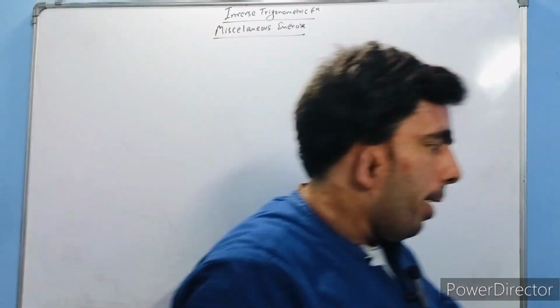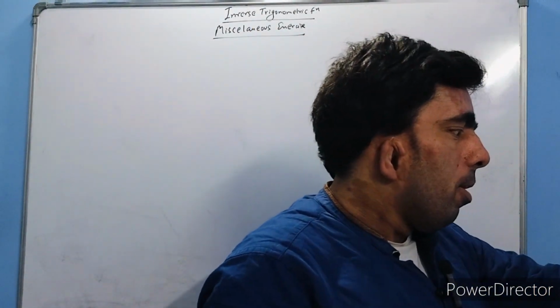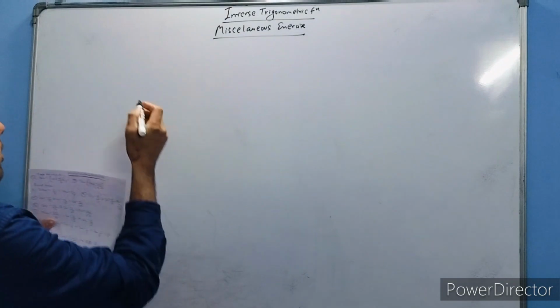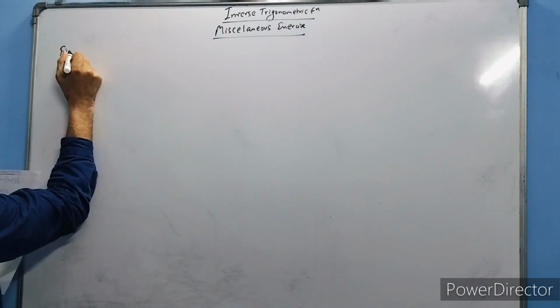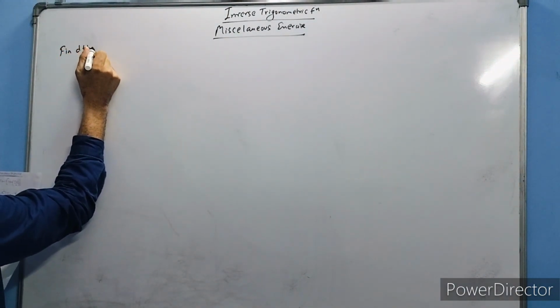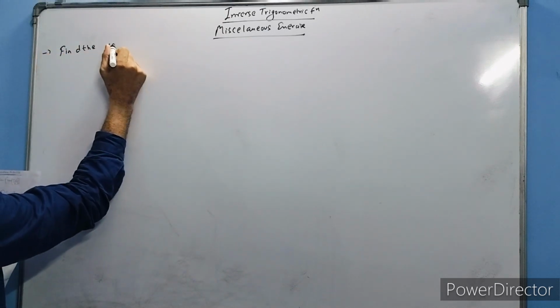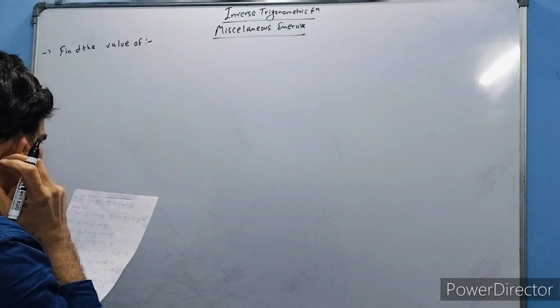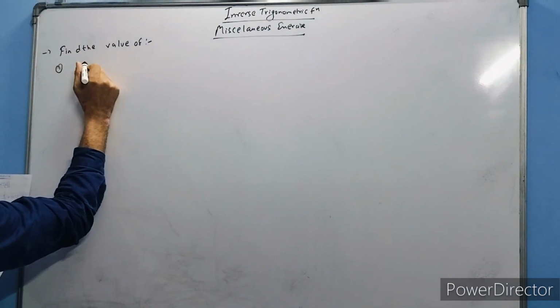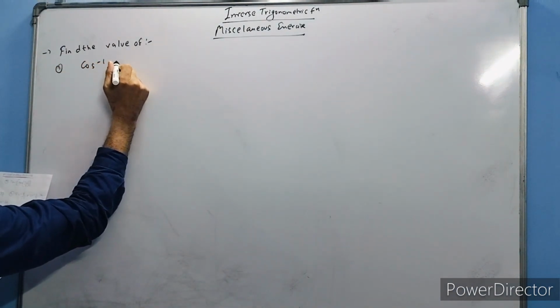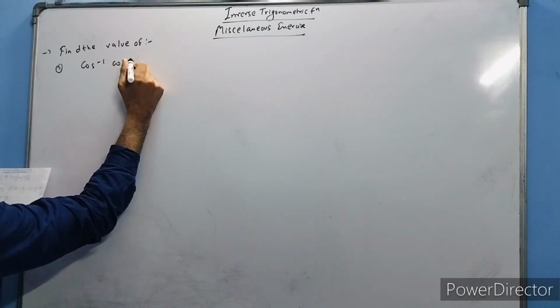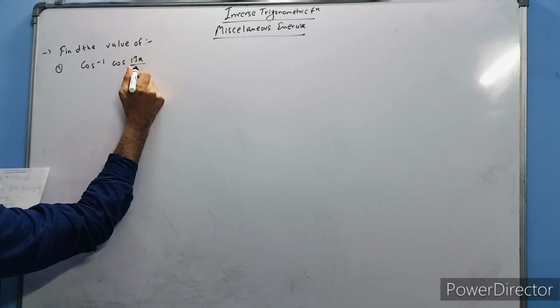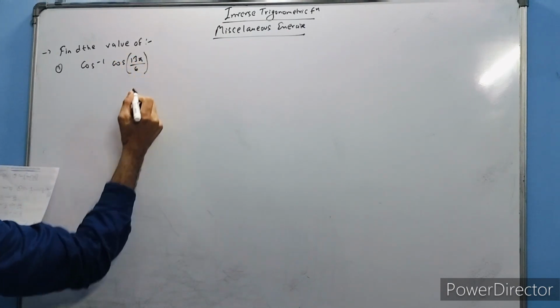Okay, so we have this question. The first question is asking to find the value of the first case: cos inverse cos 13 pi upon 6.